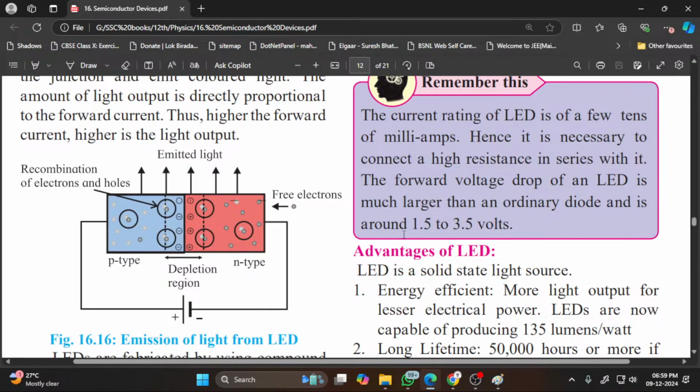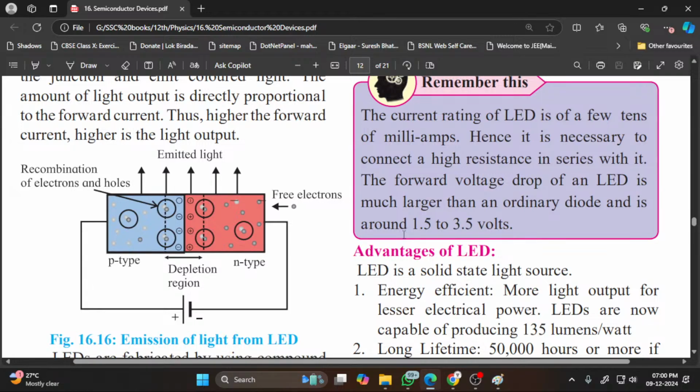When the diode is forward biased, that means when the positive terminal of the battery is connected to the P type and the negative terminal connected to the N type, electrons from the semiconductor's conduction band recombine with holes from the valence band, releasing sufficient energy to produce photons which emit a monochromatic, single color light. And because of the thin layer, a reasonable number of photons can leave the junction and emit the colored light.